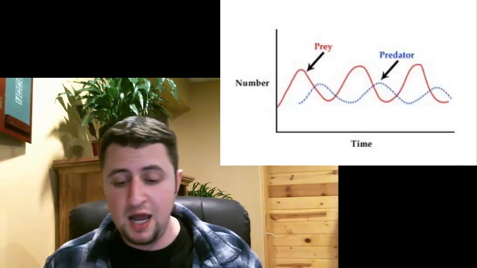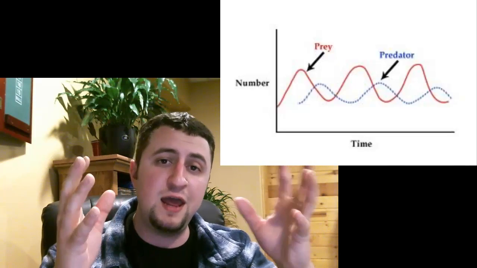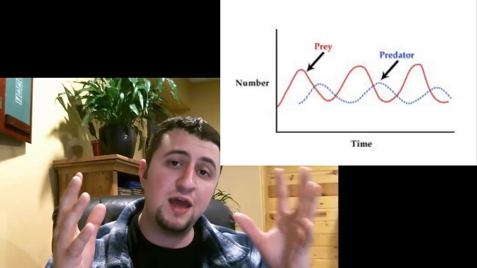So once again, if we have a bunch of prey, then there's a lot of prey for those predators to feed on, and then the prey population will go down, and then the predator population will go up, and then eventually the prey population will go down, and then also the predator population will go down, and then the prey population will go back up. It's a whole big cycle that goes on in ecosystems.